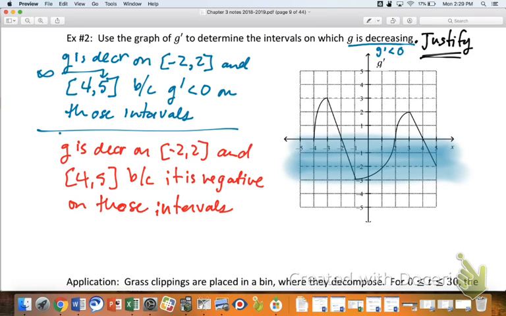So please, I'll put it up here and I'll zoom in on it for you. Please do not use the word it unless you're prepared for me to search through and try to figure out what it actually means. It'd be so much better for you to say G is decreasing on those intervals because G prime is negative, right? You're being specific instead of generic.